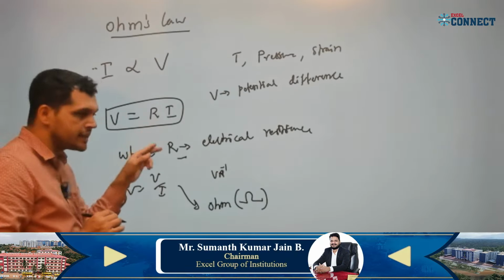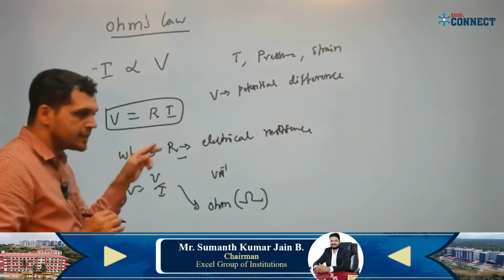And mathematically we define R equal to V by I. This is a mathematical representation, and this is the actual meaning of resistance. Based on this mathematical definition, V by I, it is a ratio of potential difference to the electric current. That is the electrical resistance.